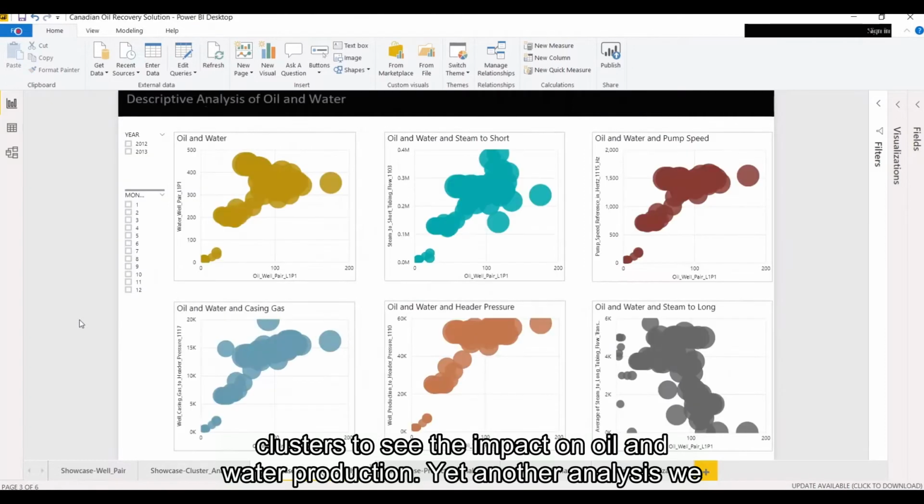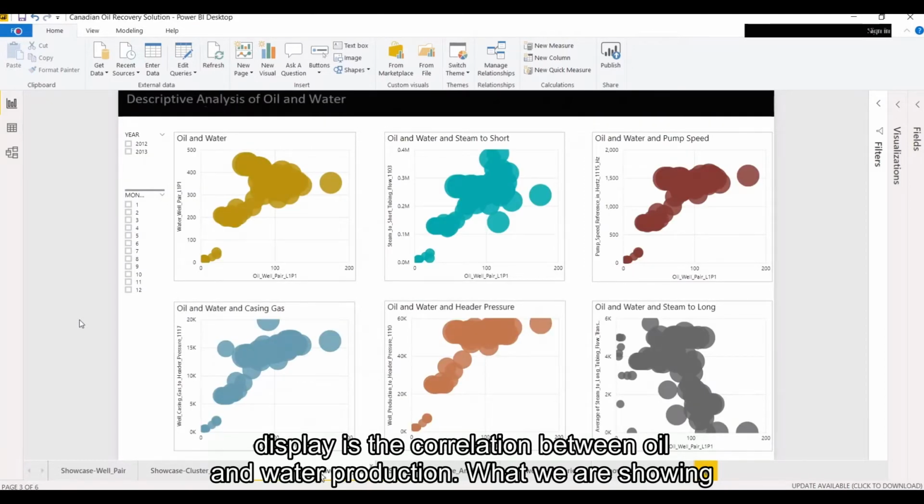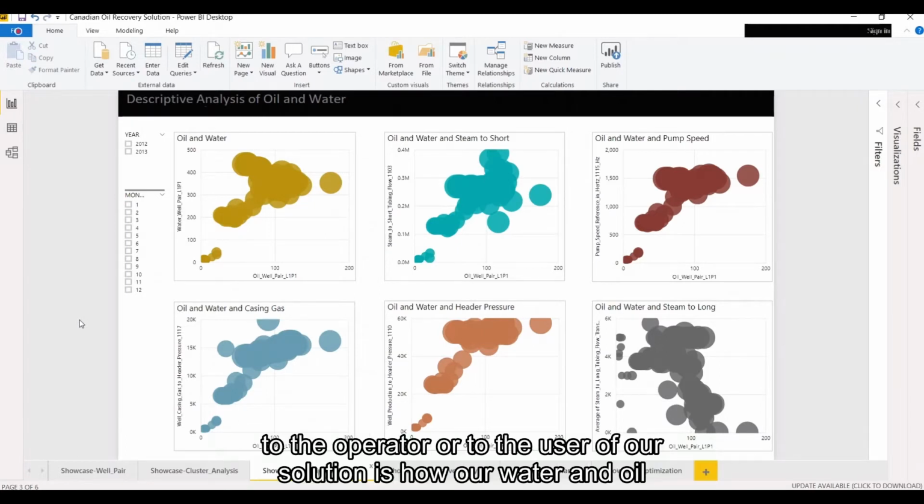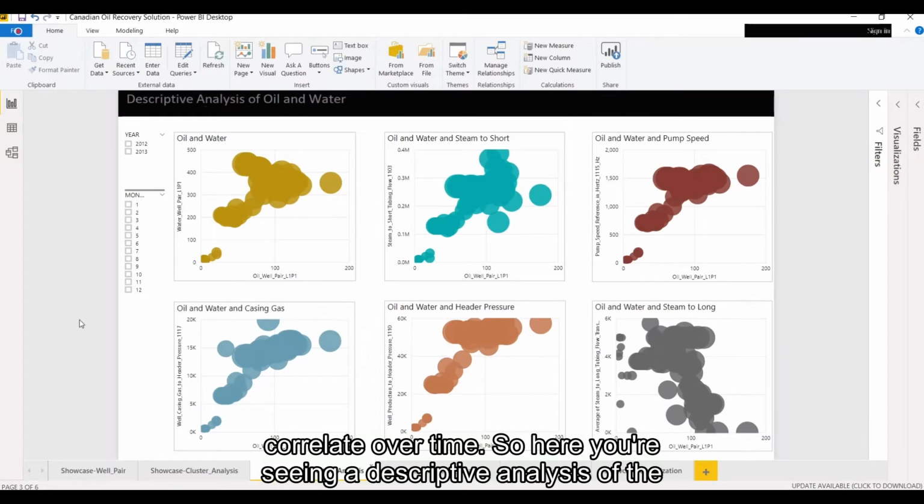Another analysis we display is the correlation between oil and water production. What we are showing to the operator or to the user of our solution is how water and oil correlate over time.